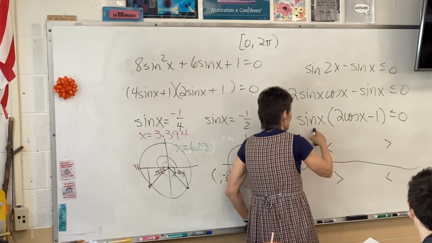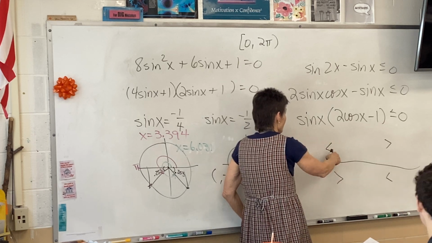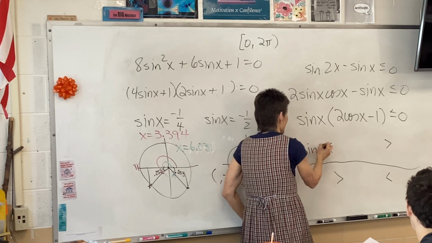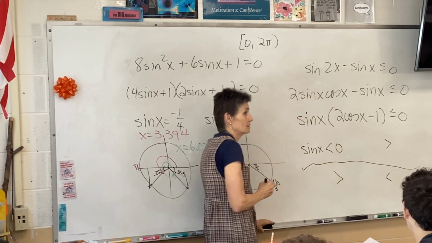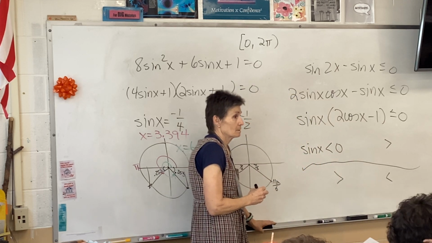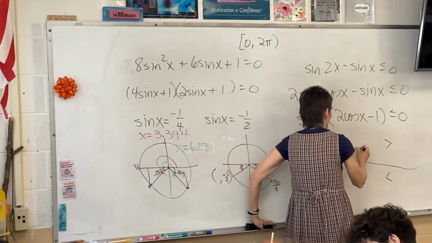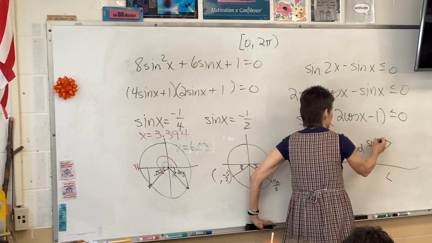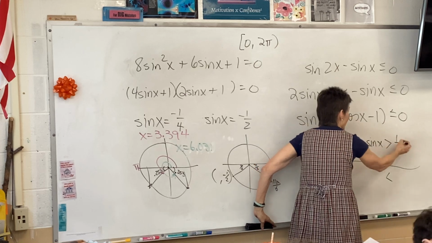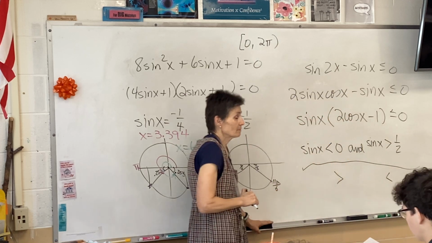Well, this one, if it's gonna be less than 0, won't it just say sine x is less than 0? And what is this one gonna say? Cosine x has to be bigger than 1/2.